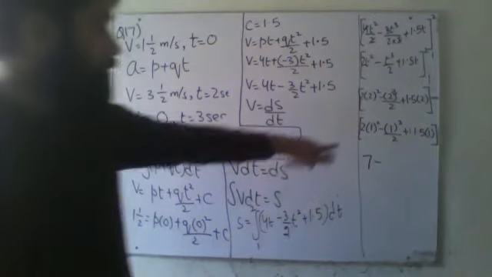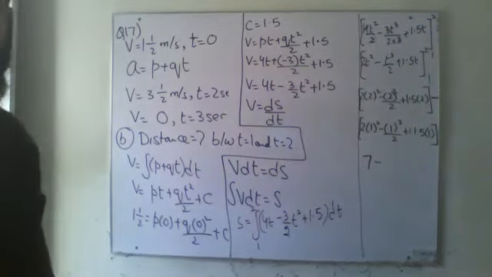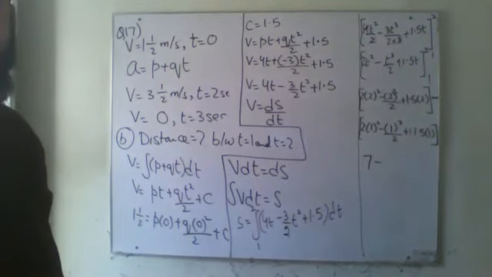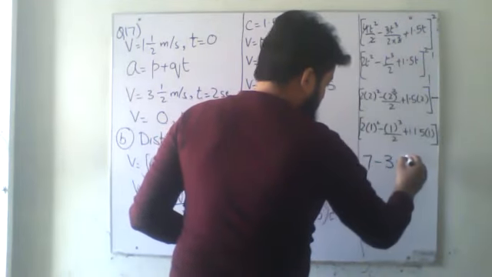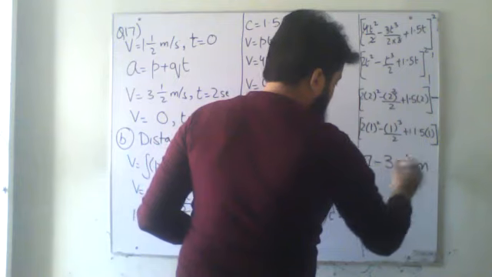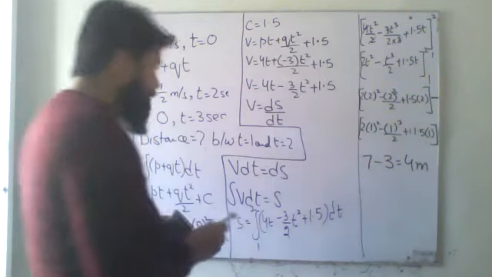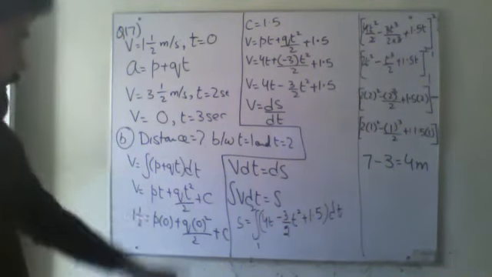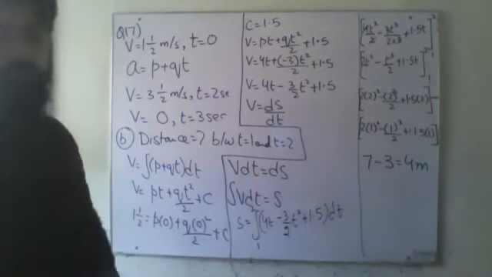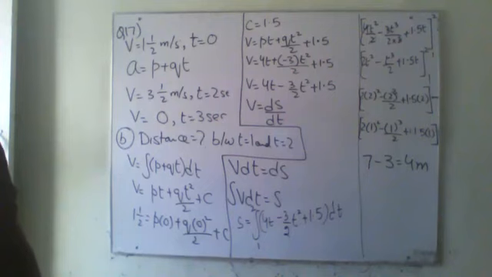And now I am going to solve this one, and that result is 3. So when I simplify it, it will be 4 meters, because I was looking for the distance. So the distance between t equals 1 and t equals 2 is 4 meters.